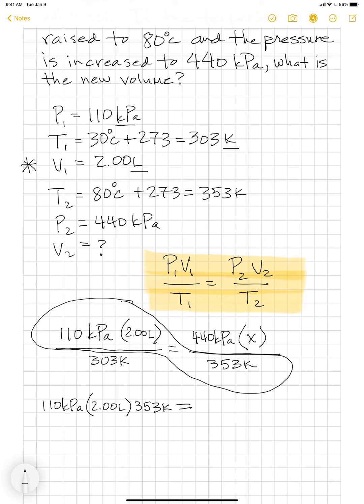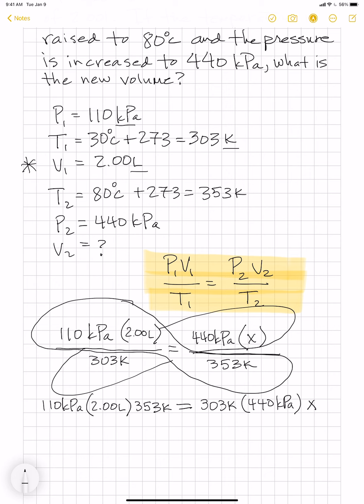Nothing complicated there. I just multiplied them like I said I would, right? Okay. And then you can also cross multiply this side. Okay. So 303 Kelvin times 440 kilopascal. Now go nice and slow, times X. Okay. All right, so there we go.